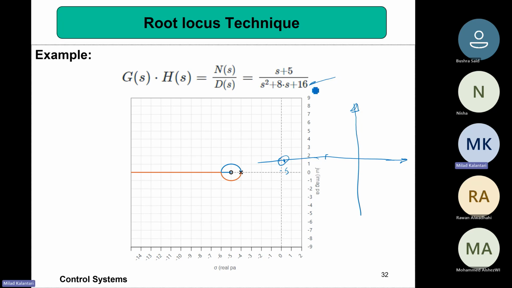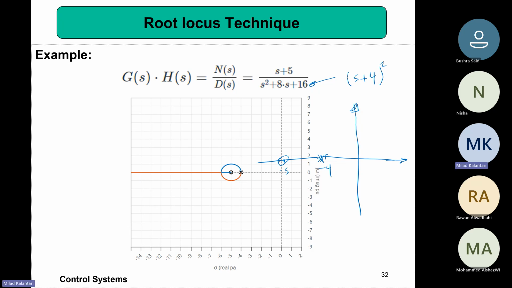What are the poles of this? Do you know? What is the pole of the open loop? S plus 4 square, right? Basically, the two poles are at the same location at -4, and we have one zero at the right side.